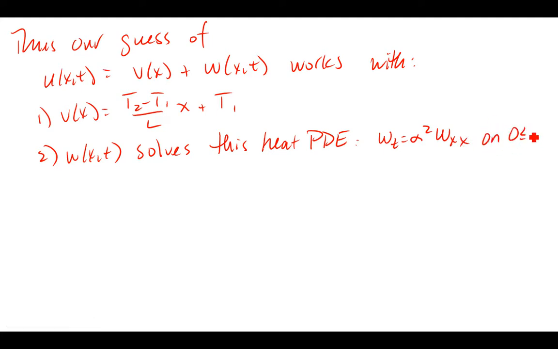Where all of the stuff is the same: x is between 0 and L. W on the left side is 0. W on the right side is 0.